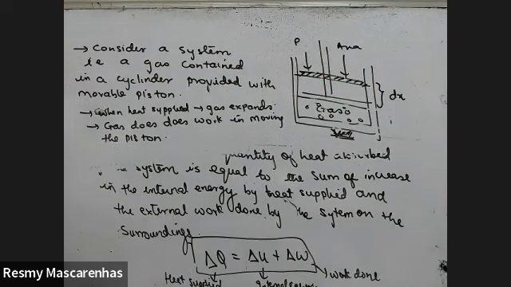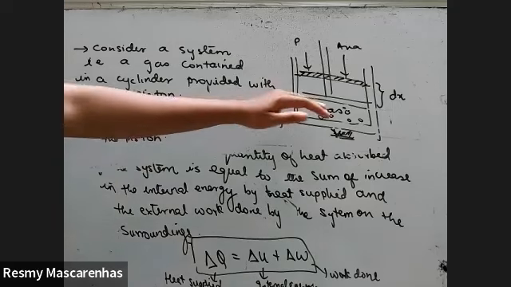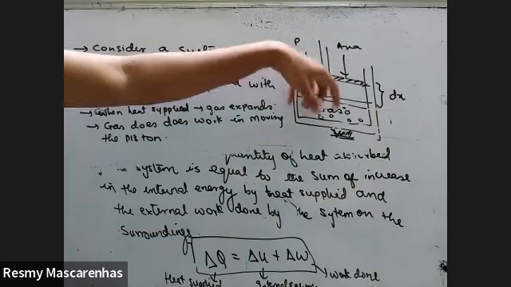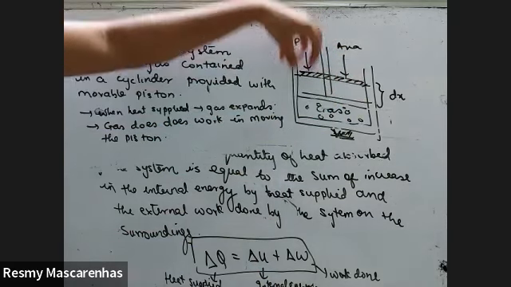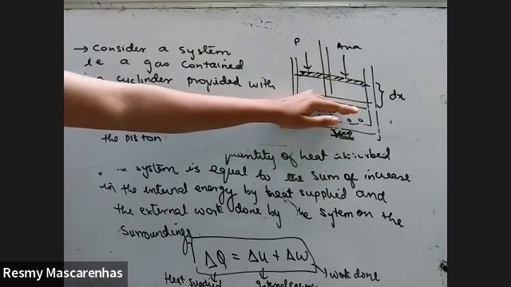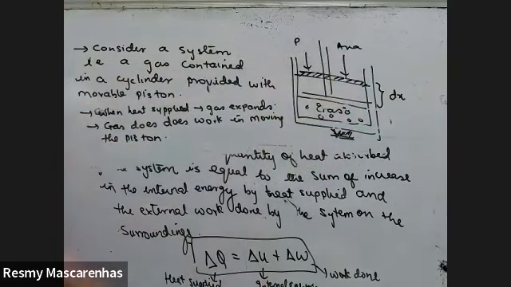Now, who is doing the work? The gas is doing the work in moving the piston upwards. It is doing so against a pressure. There was a pressure, and the piston is trying to push the gas down, but since the gas is getting heat, it is getting the energy to push it upwards.